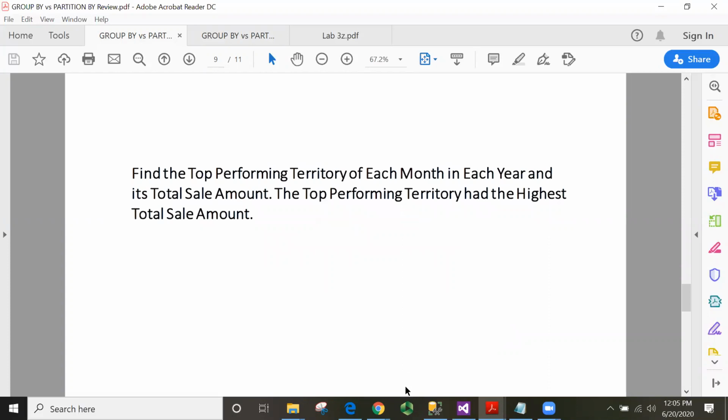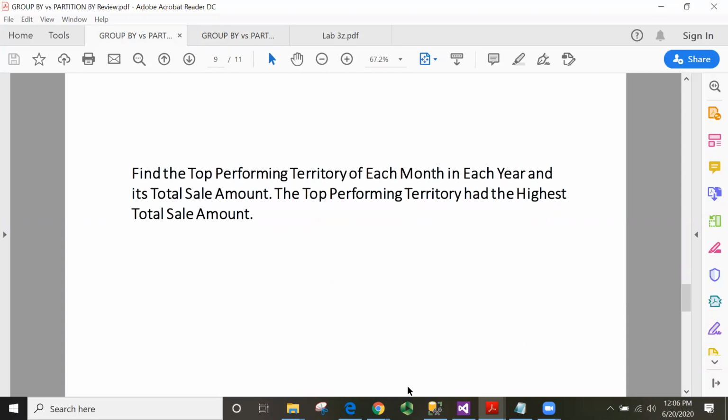Here's the question, okay? So take one more look at the question. Find top performing territory of each month in each year.